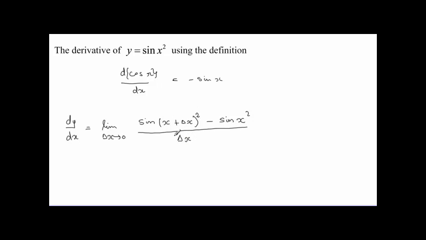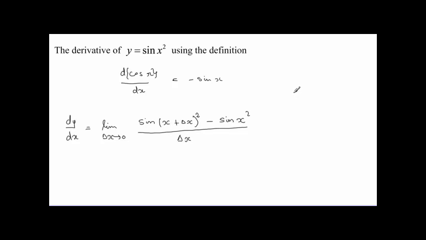Obviously, there's some tedious calculation you need to do here, but we're going to bear with that because there's a very important illustration which I want to show you so that you can understand the differentiation very, very clearly.